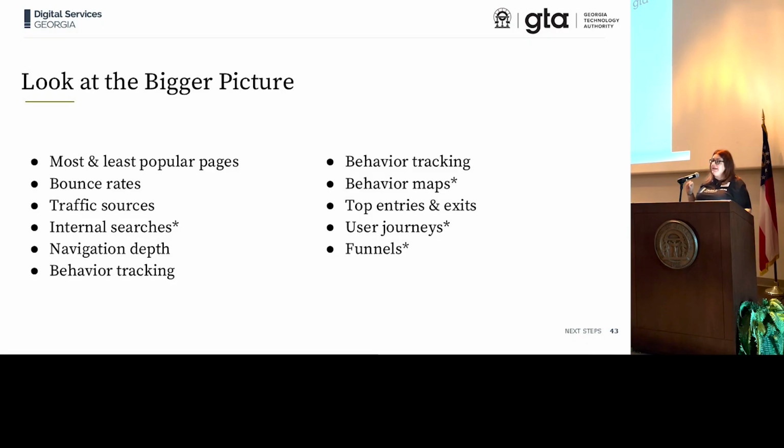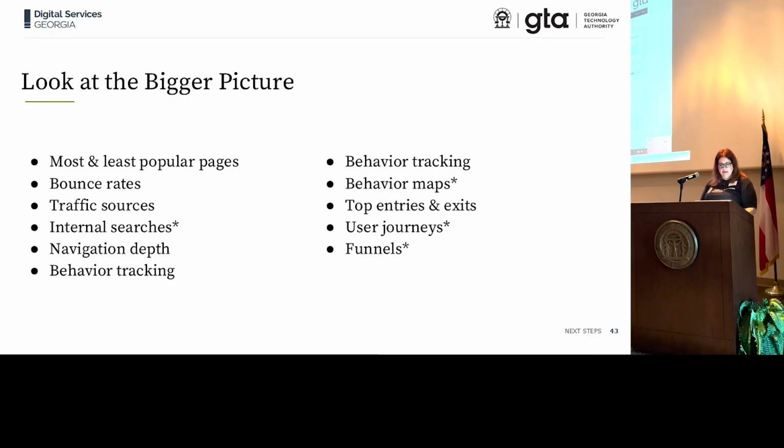So there you define each step in an intended path and track completion rates, as well as you can see where users are dropping off. So funnels are best for when there is only one intended path and one desired outcome, like completing a multi-step application form or registering for an event. So when we look at multiple factors in conjunction, we get a clearer picture about user behavior. But of course, you have to look at the content itself to really draw conclusions.